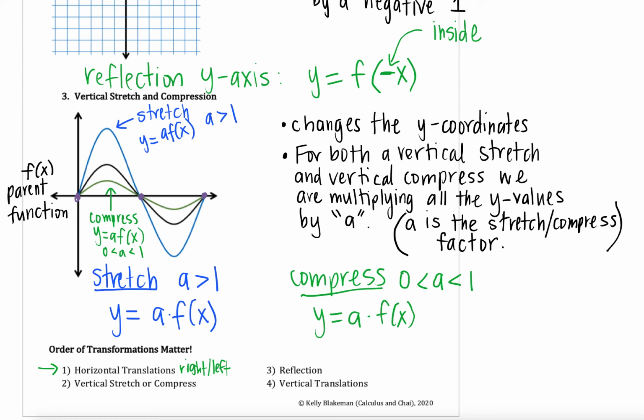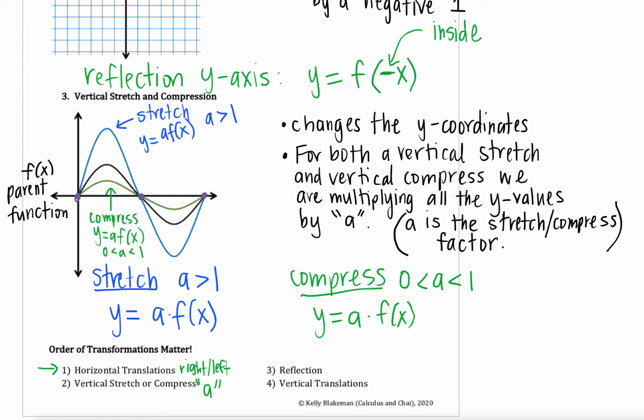From here, we have our vertical stretch or compress, and I can actually group my reflections into this. So the order in which we apply the vertical stretch or compress with our reflections could flip-flop. Our vertical stretch or compress is happening outside the function, and that's what we're multiplying y to be. So that would be our next one. So this is that a value that we'll look at in some examples.